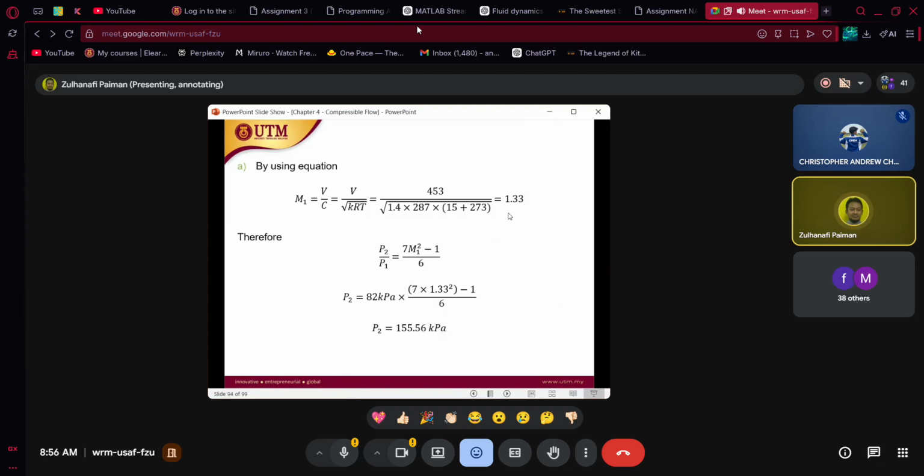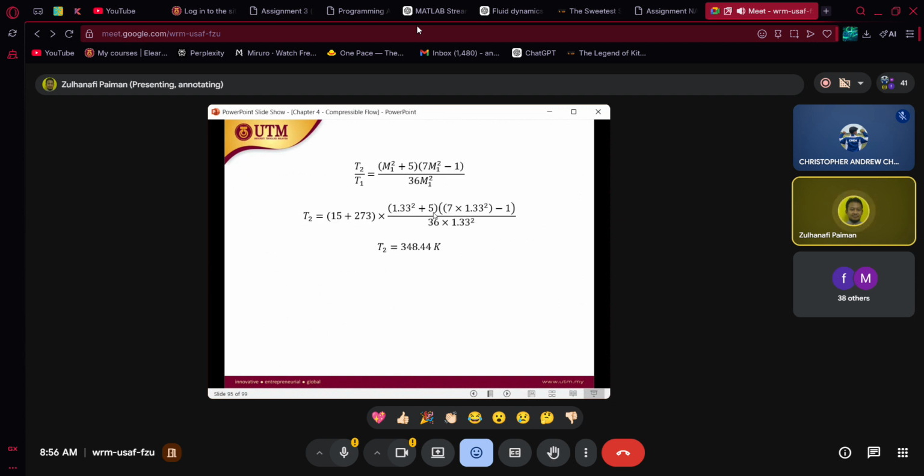So it is valid. It fulfills the conditions, where Mach number 1 before the shock wave must be supersonic, greater than 1. Then you can simply use the equation P2 over P1, and you get P2, the pressure after the shock wave. Similarly, for the temperature, use this equation, then you get T2 equal to 348.